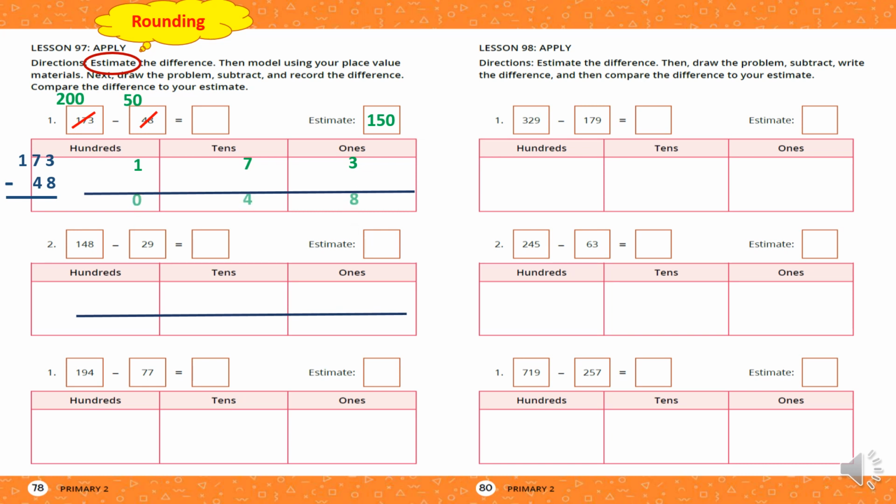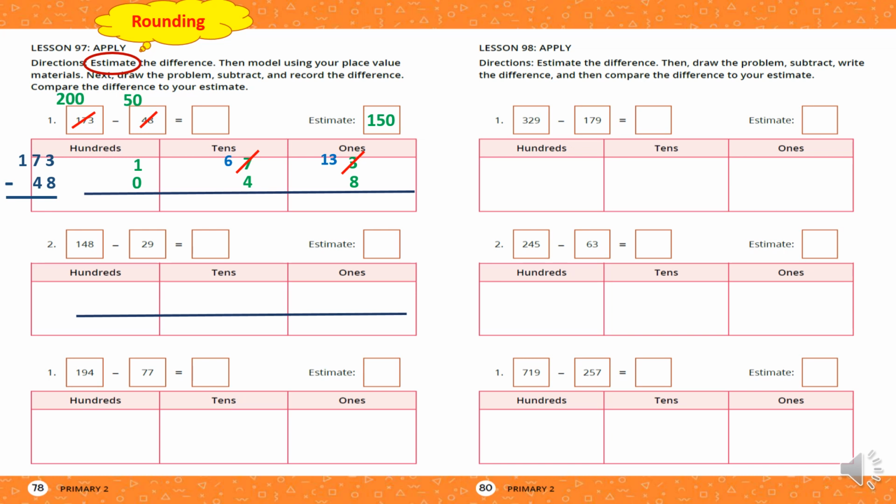And no hundreds, so we will write 0 in hundreds, 4 in tens, 8 in ones. Now 3 minus 8, do we have more on top? No. So we will go to the next door and knock, knock, knock. 7, can you please give me 1 ten? 7 will say okay. Now 3 becomes 13 and 7 becomes 6.